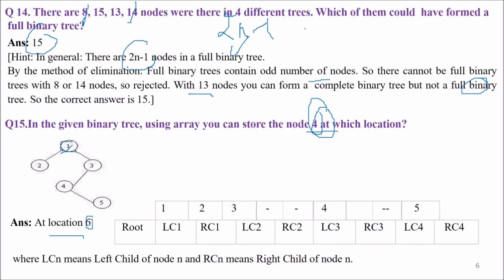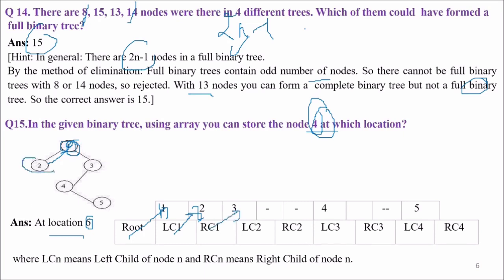First we'll take the root and store it here. Then we see what the left child of 1 is. The left child is 2, so we place it here. Now we see what the right child is. This is 3, so we write the right child.